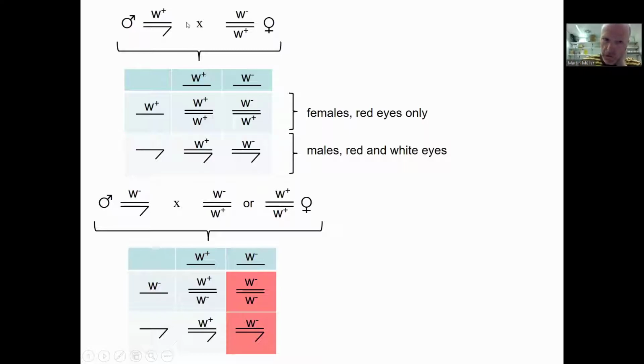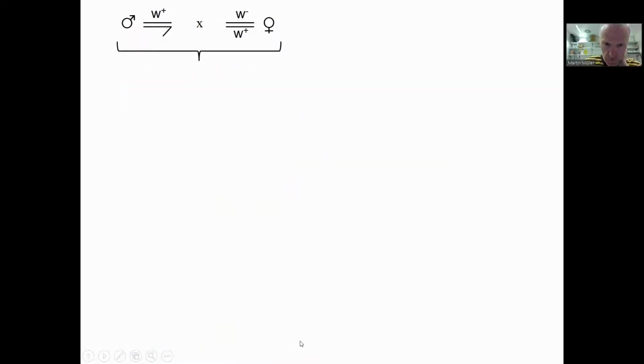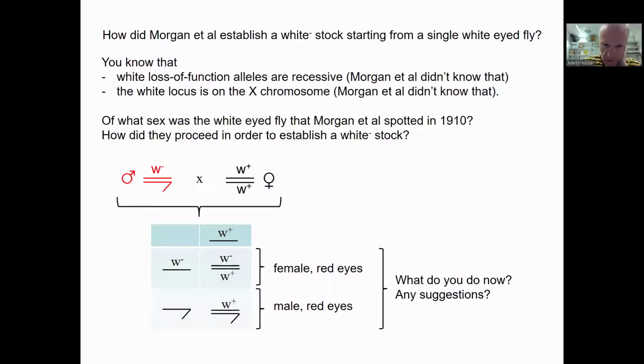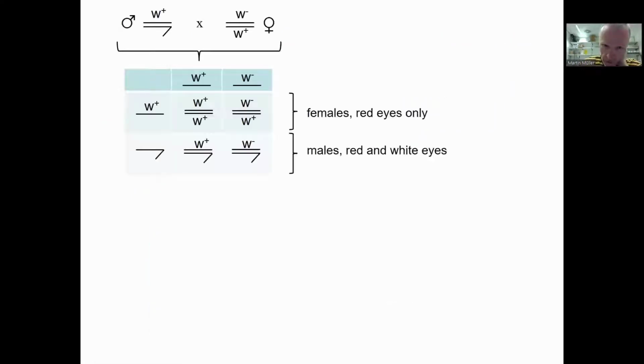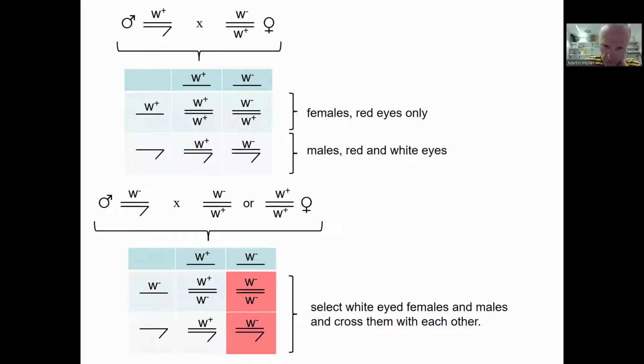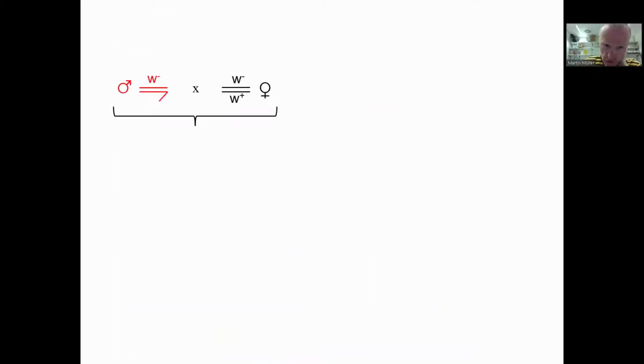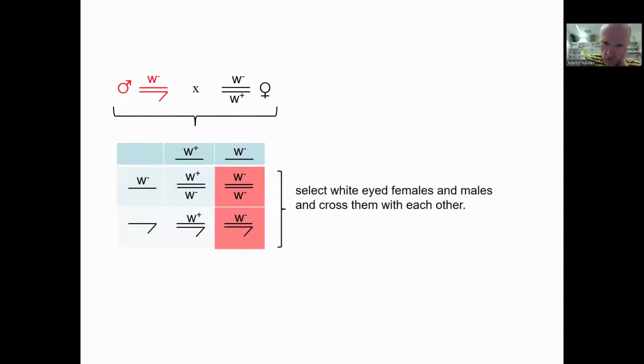So here he could have collected these females and crossed them back to the father. In fly genetics, that is possible. If you do that, then of course you gain one generation and you have your white-eyed stock already.